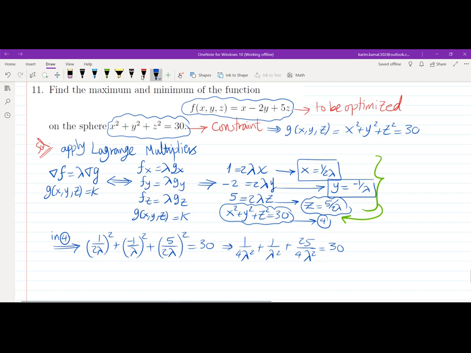We will get that lambda squared equals 1 over 4, then lambda equals positive or negative half. And then we have to use this lambda in order to find the values of x, y, and z for each lambda.